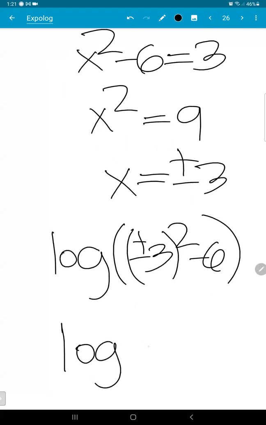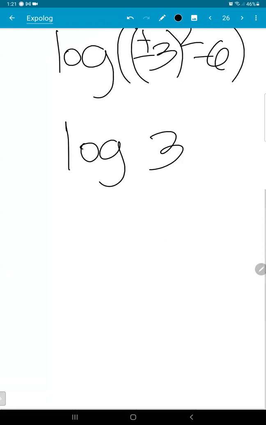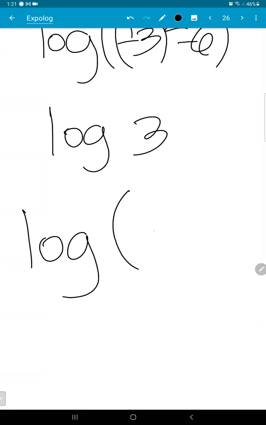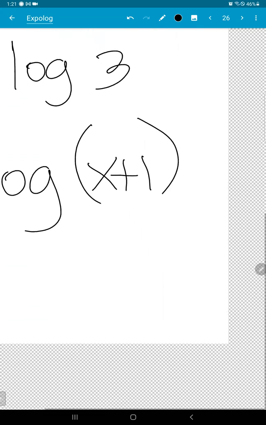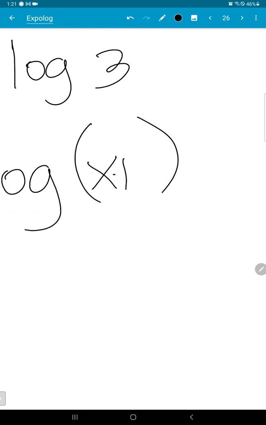Okay, 9 minus 6. So no problem. But for example, just to make my point clear, for example, this is what you answered, no? This, for example.